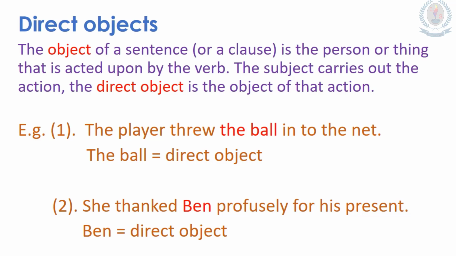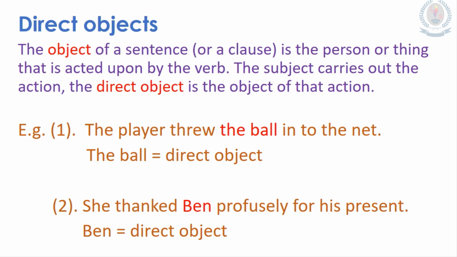The ball. Then we can identify the object. That is what children told in above sentences. The ball is the direct object because the ball is helping the verb threw to complete the sentence, to complete the action.